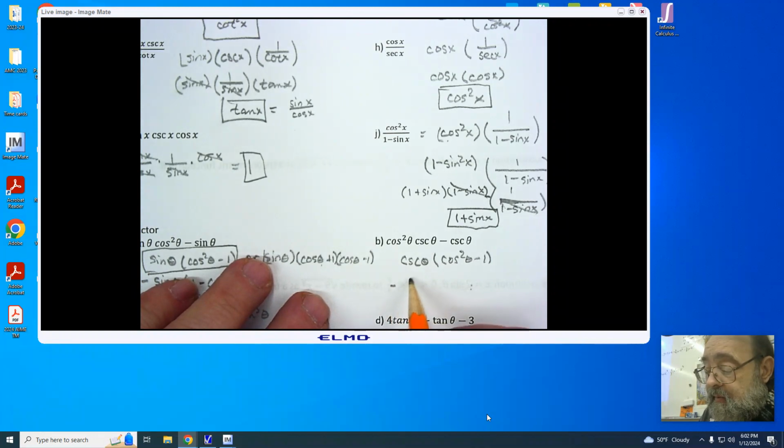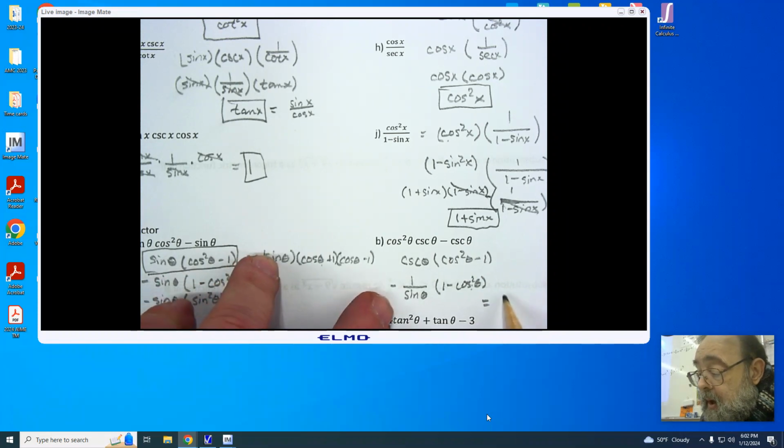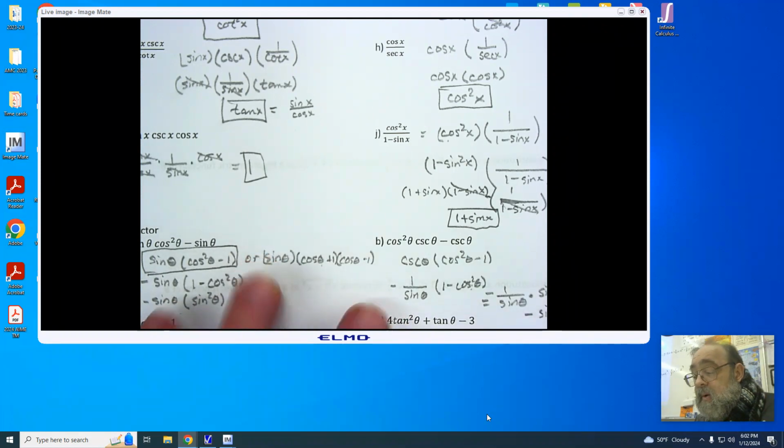So we would have negative 1 over the sine of theta, and I would then have 1 minus cosine squared theta, and this would then give me 1 over sine theta, and it's a negative, times sine squared of theta, and you'll notice this is really negative sine of theta.